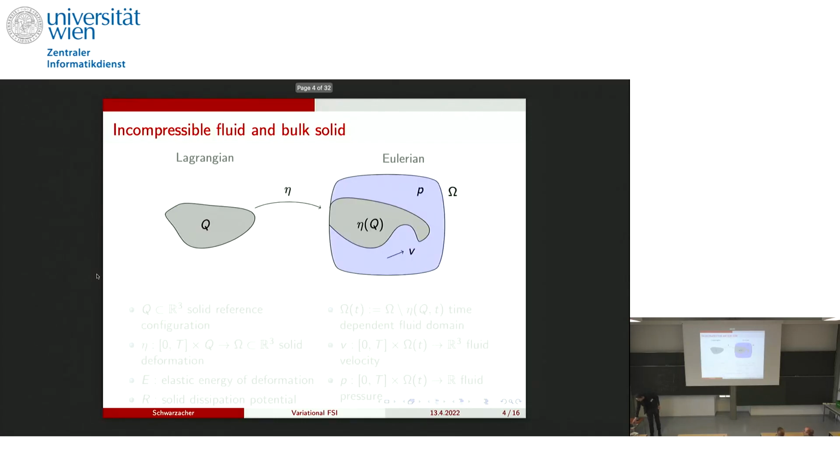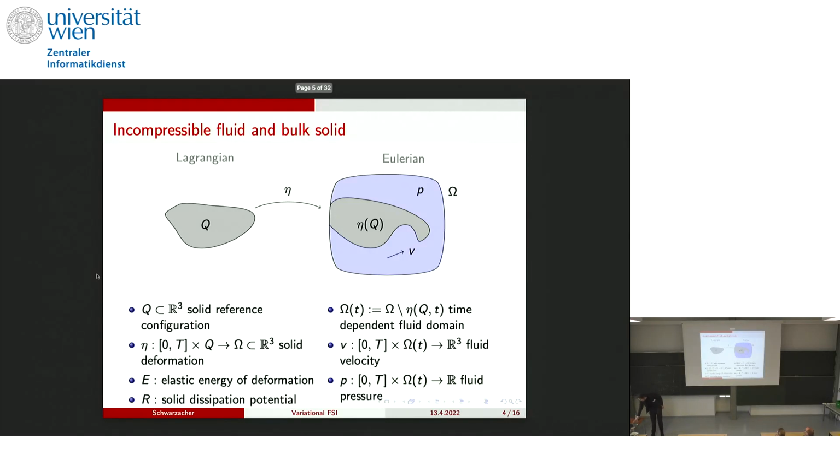Okay, so here's the setting again. Now we have this largely deformed solid, and this creates a mess with the fluid. So for the solid, first everything is maybe as always. I focus here on the three-dimensional case, so the picture is two-dimensional, of course.